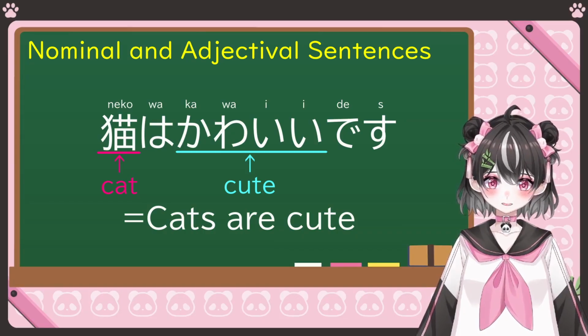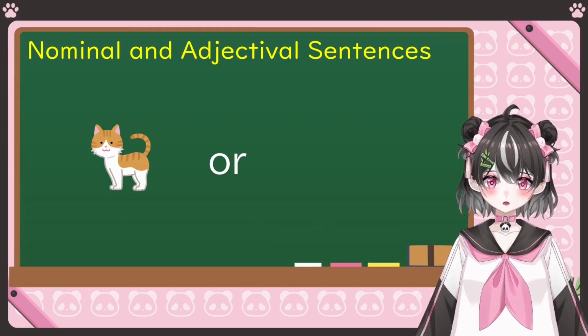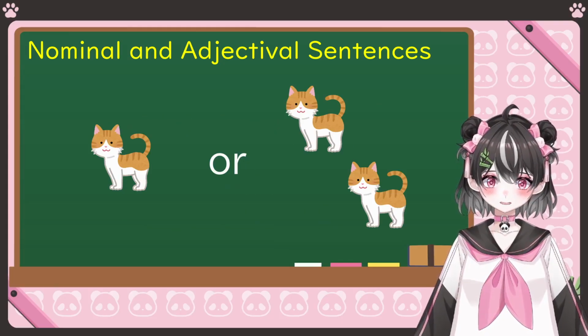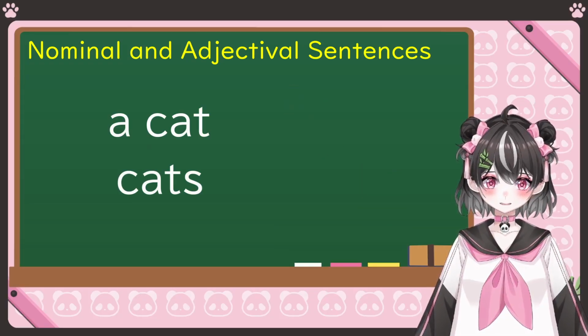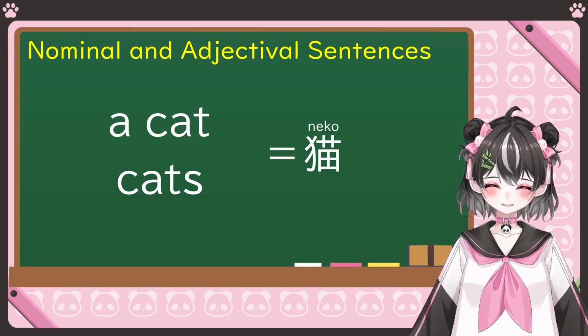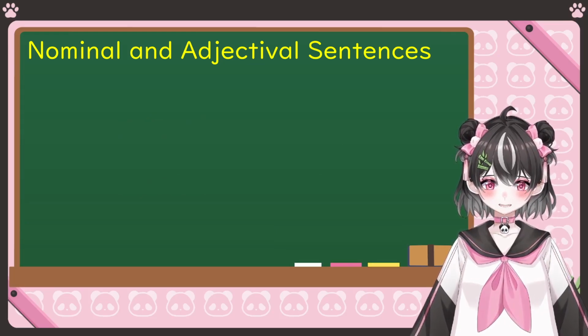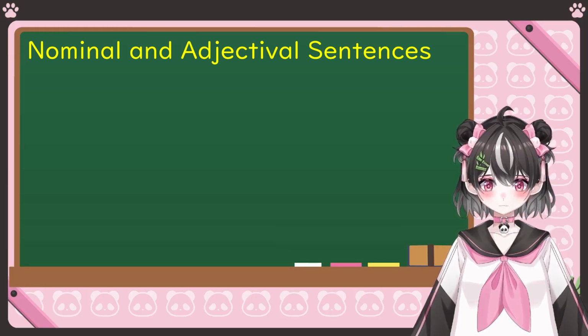Oh, and in Japanese, nouns don't change form depending on whether it's one or more than two, singular or plural, unlike English. So, a cat and cats are both just neko. Now let's try making some nominal and adjectival sentences using this pattern.